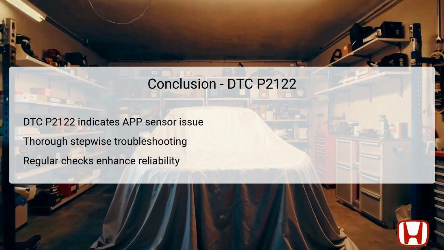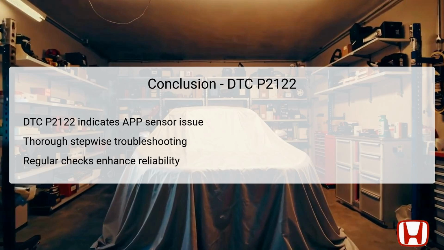systems. DTC P2122 is a clear indicator of issues within the APP sensor A circuit, most notably low-voltage conditions affecting performance. By following a detailed step-by-step troubleshooting guide, potential causes such as poor connections and damaged wiring can be effectively identified and rectified.